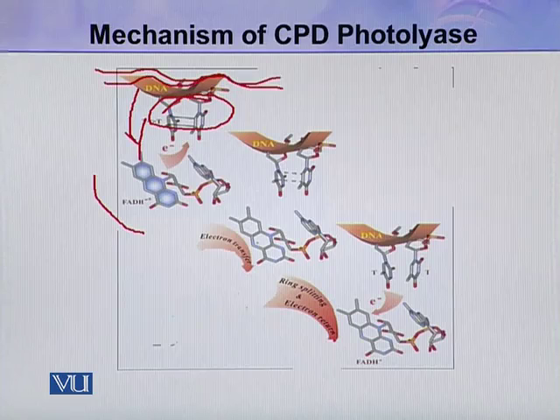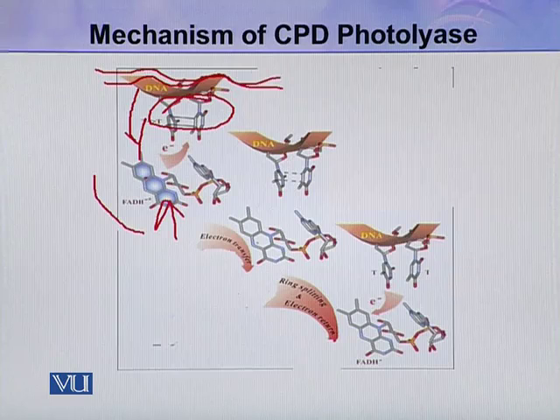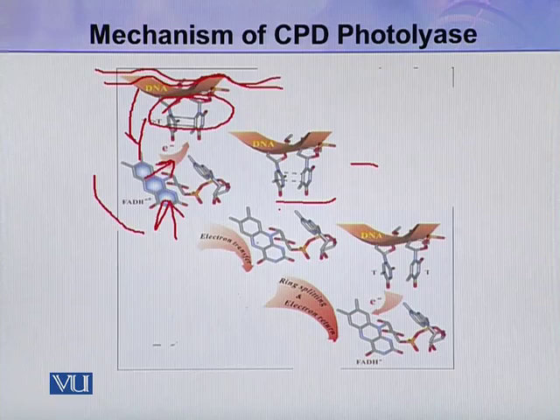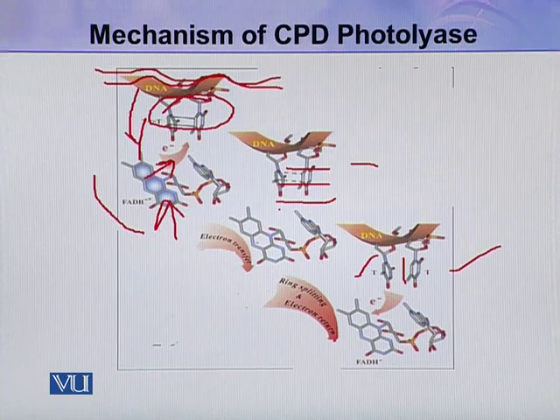Then the photopigment transfers energy to FADH, and then FADH transfers an electron to this dimer, and here you can see the bonds are being opened. These two bonds are being opened, and once these bonds are opened, these two thymines, 1 and 2, are now not part of the dimer, but separate thymine bases.